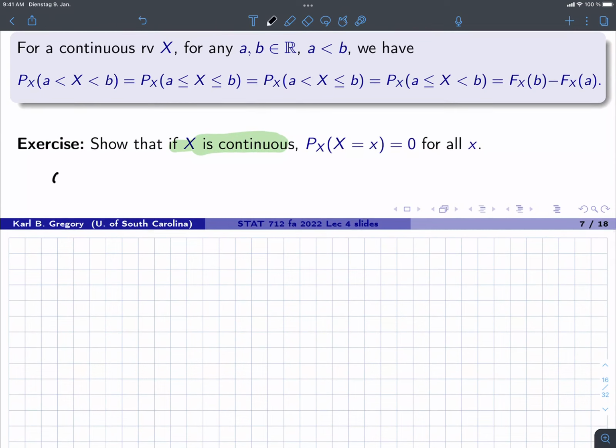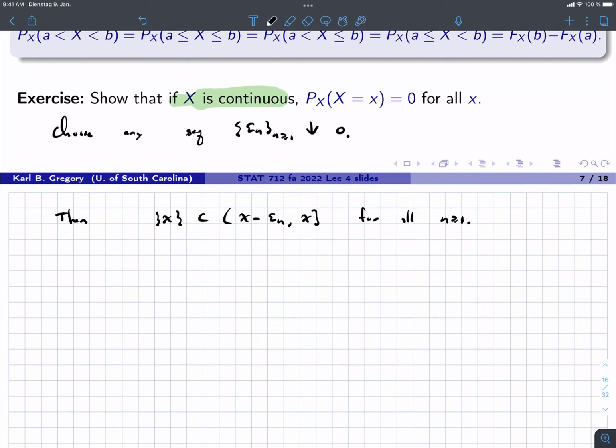So we're going to choose any sequence of epsilons going down to 0. So these are positive epsilons, and they're a decreasing sequence, and their limit is 0. Then we can write that the set containing just x is contained in the interval x minus epsilon n up to x for all n greater than or equal to 1.